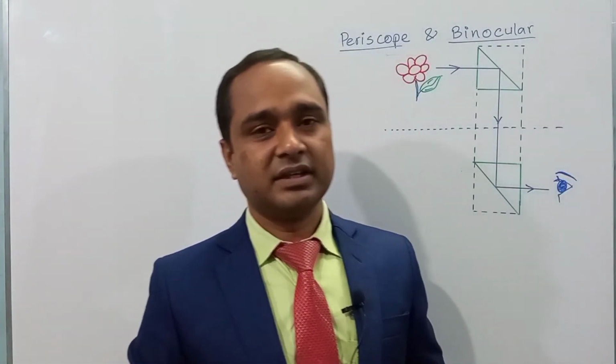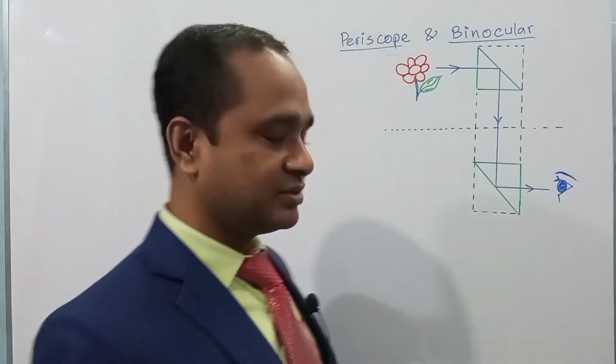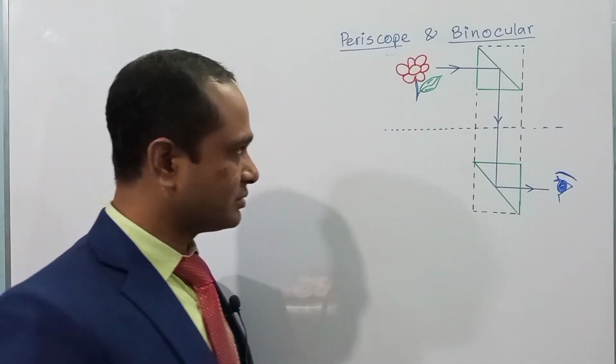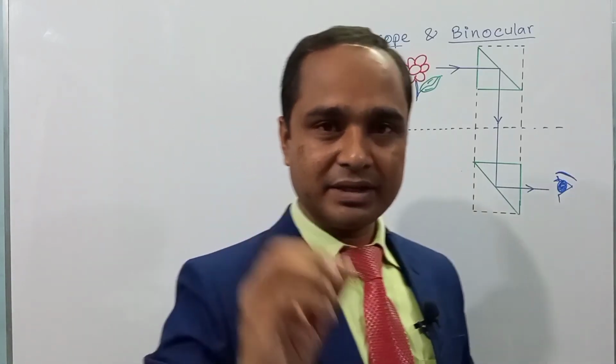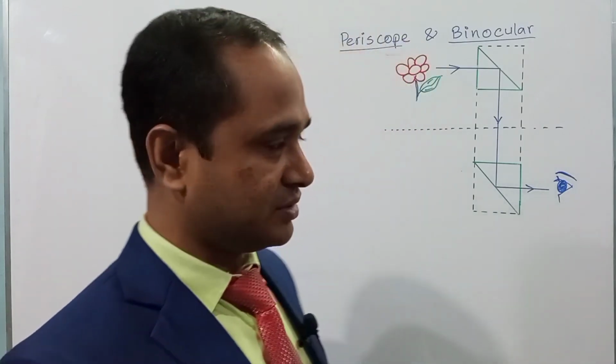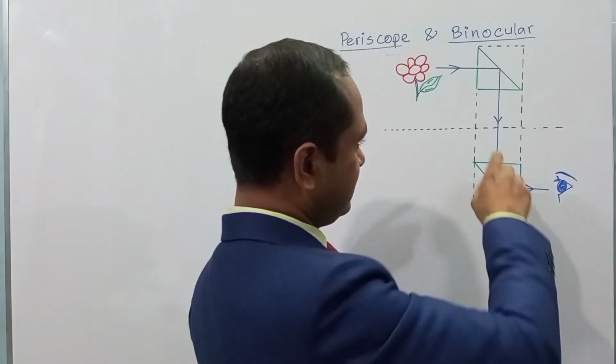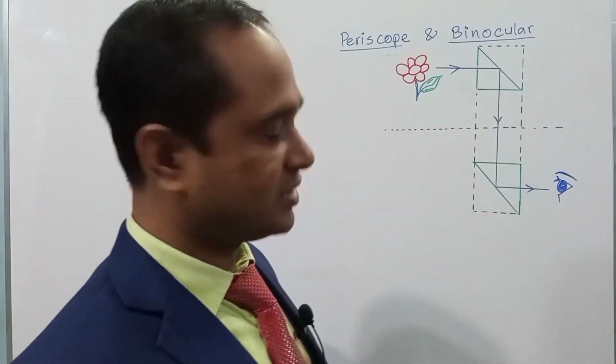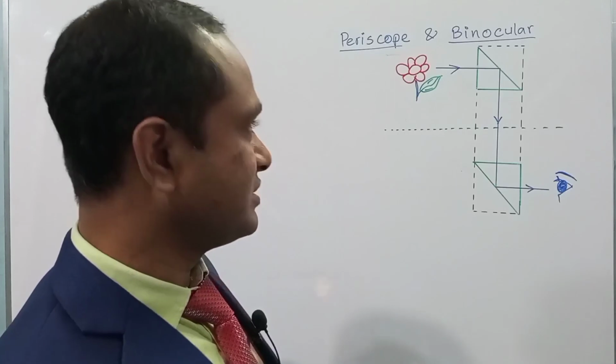Dear student, now we will discuss the periscope. A periscope is a device which is used in a submarine. Today we are going to discuss the working principle of a periscope. In a periscope, the main working substances are 2 prisms.